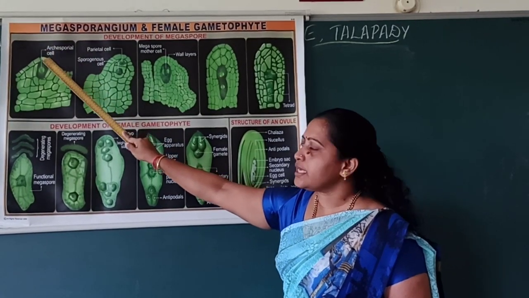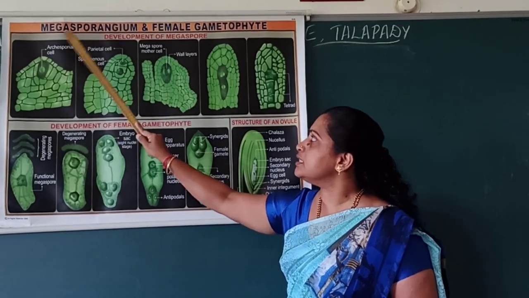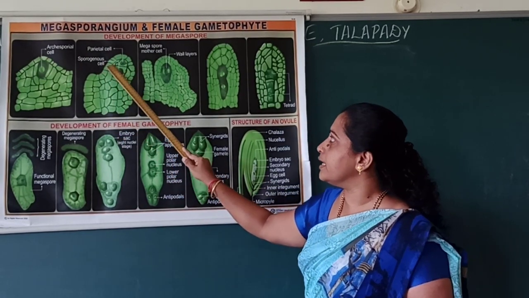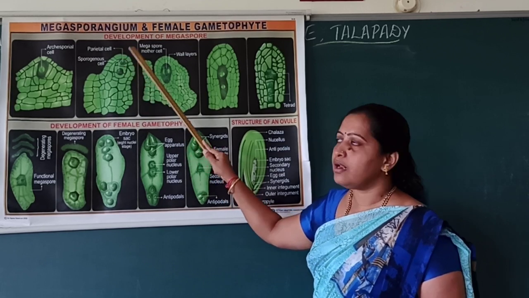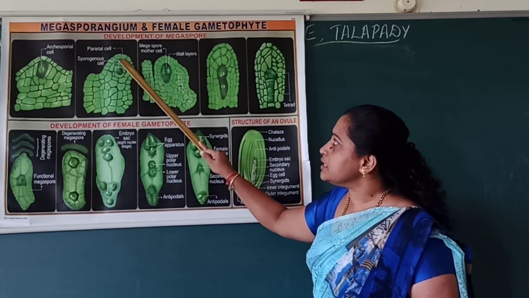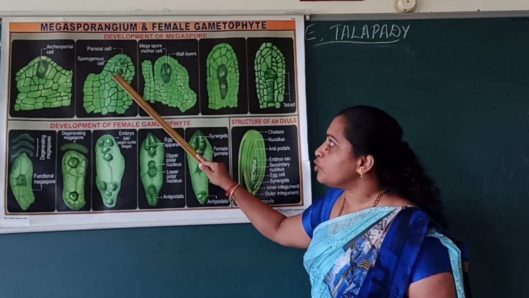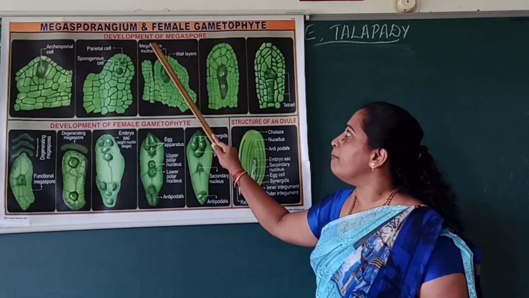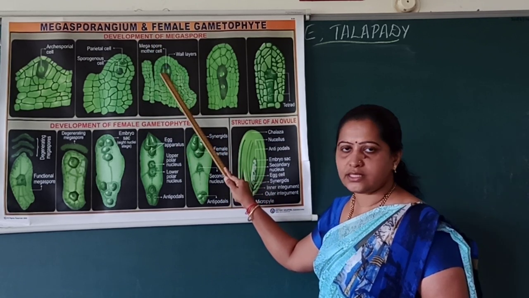This archisporial cell further undergoes division to form two cells, a parietal cell and a sporogenous cell. Among these two cells, the sporogenous cell then develops into the megaspore mother cell.